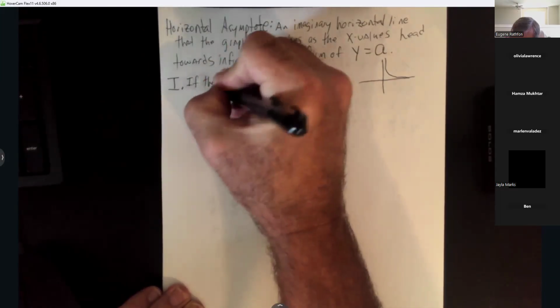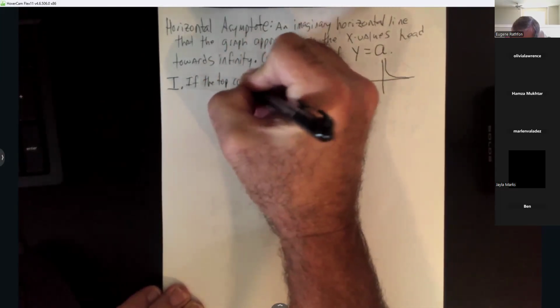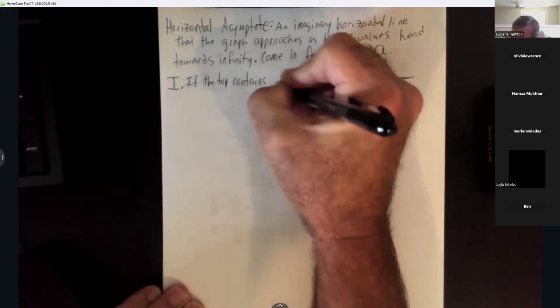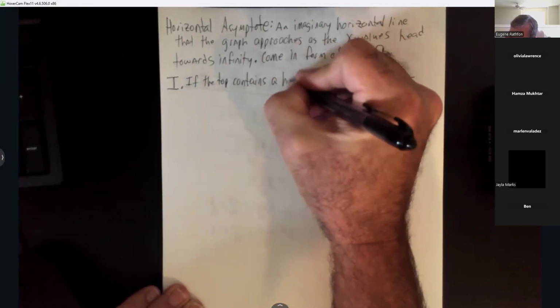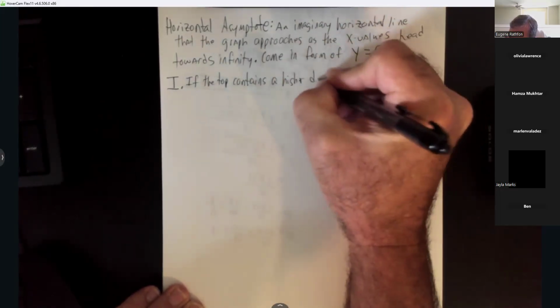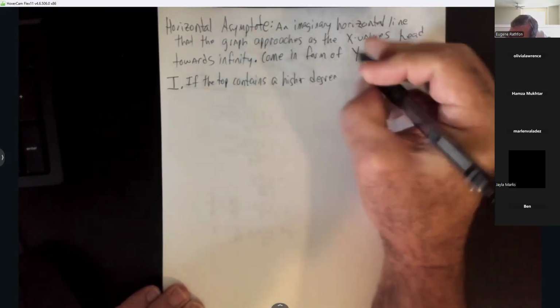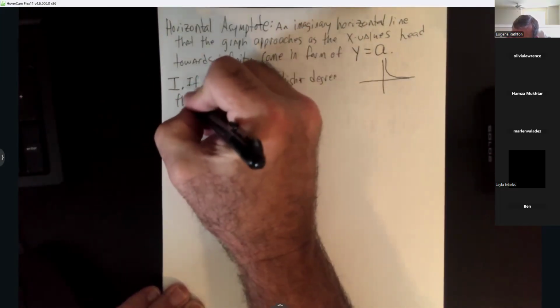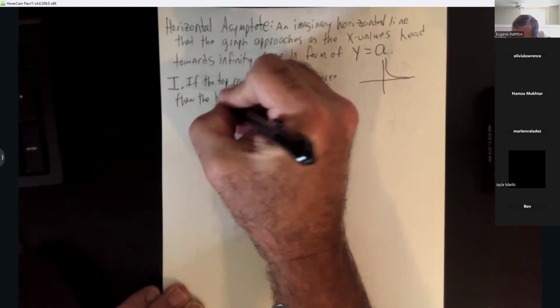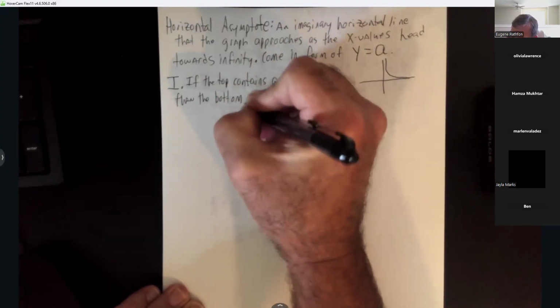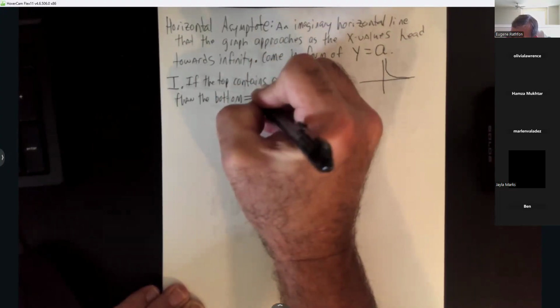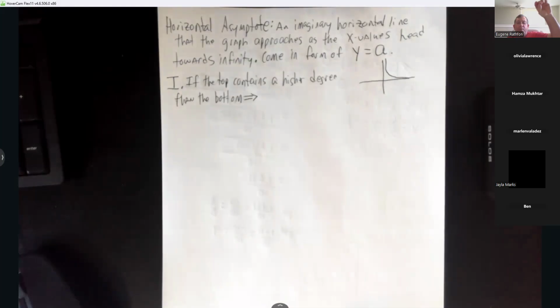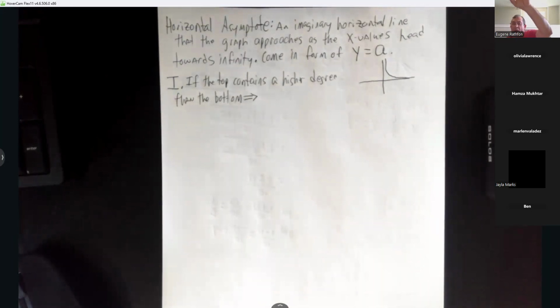If the top contains a higher degree than the bottom, then the top has a higher exponent, so it's going to grow a lot quicker than the bottom.